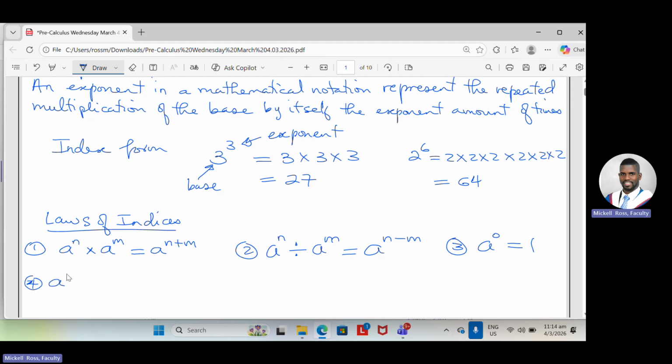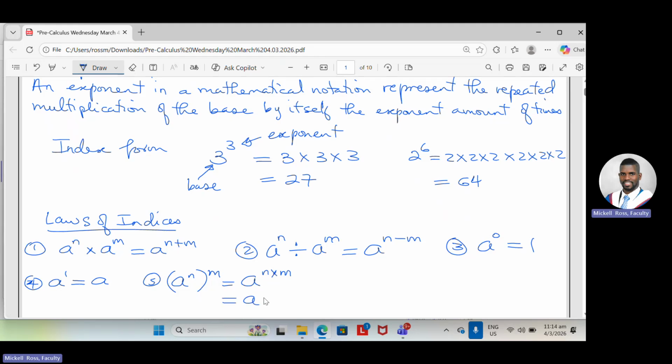Any base that you have raised to a power of 1 is equal to itself. So if we have 10 to the power of 1, that's 10, 2 to the power of 1, that's 2, a million to the power of 1, that's still a million. Anything raised to the power of 1 is equal to itself. If you have a base raised to a power that is also raised to another power, you can just multiply the powers.